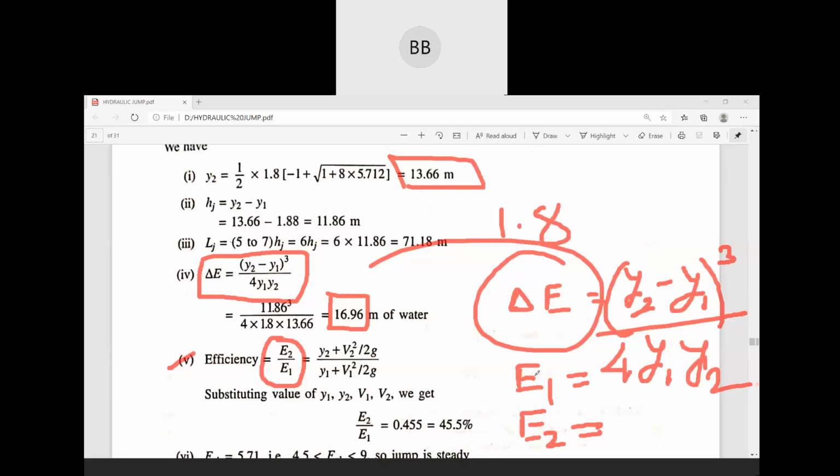So E2 will be y2 plus v2 square divided by twice g, and E1 equal to y1 plus v1 square by twice g.